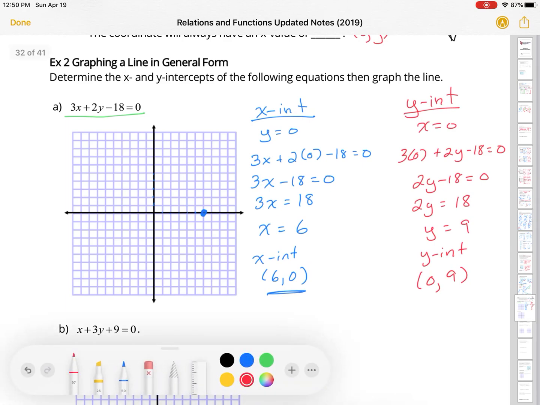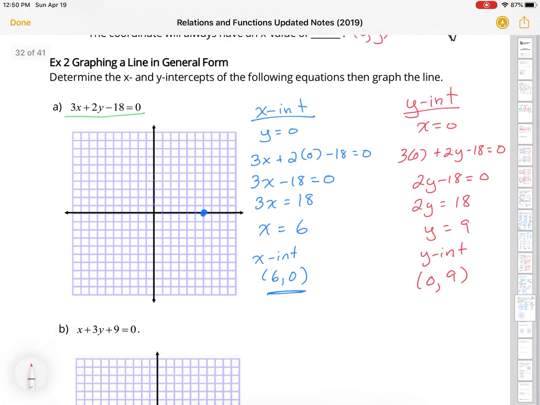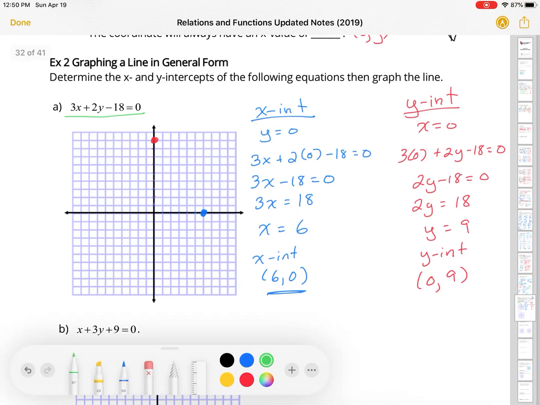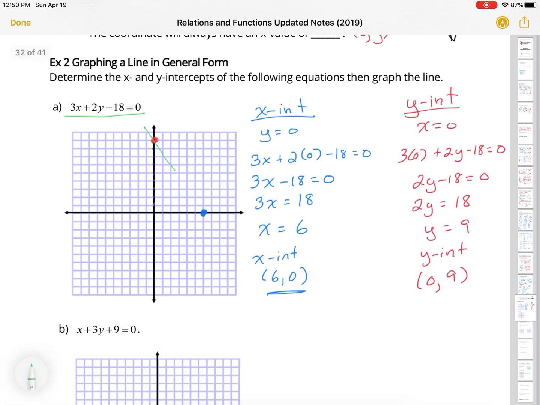My apologies. And our y-intercept is 0 comma 9. 1, 2, 3, 4, 5, 6, 7, 8, 9. So we have our 2 points. Once you have 2 points on the line, you just can connect them, and that is your line.